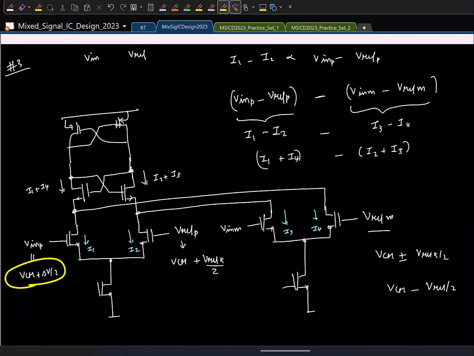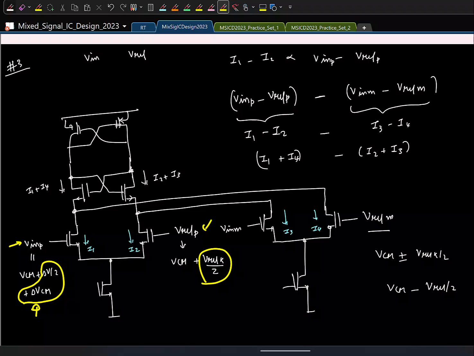Let us say there is an error in the common mode. This might have a delta VCM here. Now the comparator will make a decision based on these. Instead of comparing delta V by 2 with Vref k by 2, it will compare delta V by 2 plus delta VCM with this. So it also requires very tight matching on the common modes of these parts.